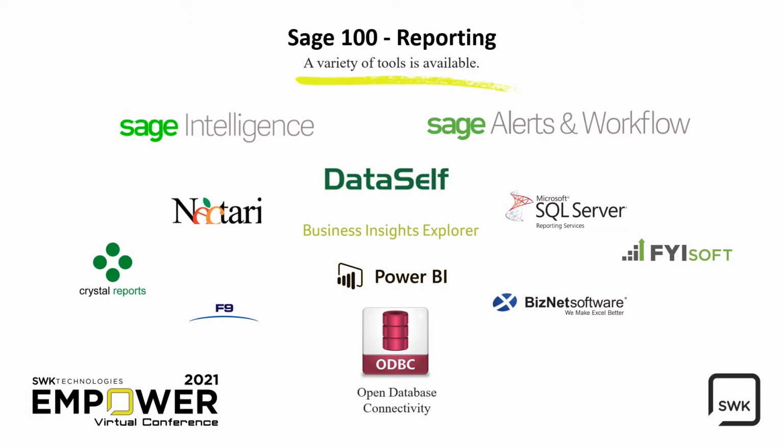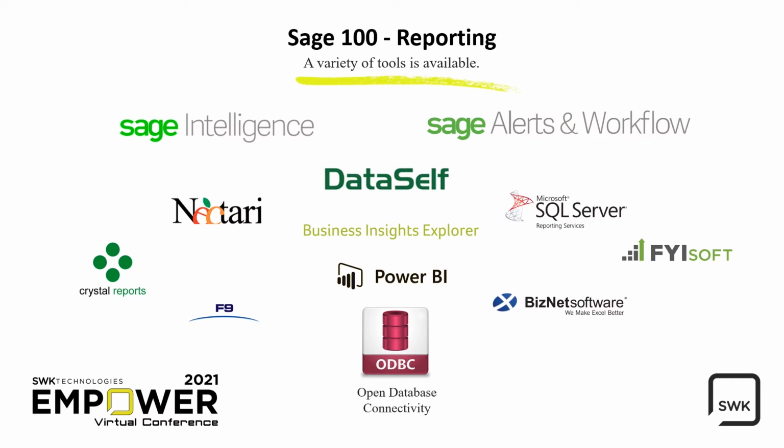The next option, if you're looking more for event-based reporting, would be Sage Alerts and Workflow, for example. Sage Alerts and Workflow can monitor your Sage database and create reports and send them as emails or place them on a shared drive or upload them to an FTP server based on specific conditions in your database.